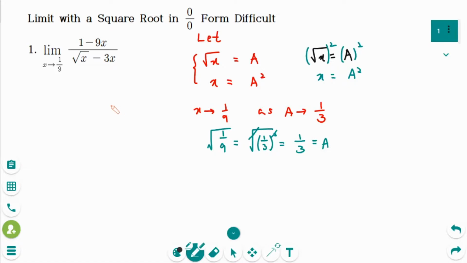Then change every x into a. So limit as a approaches 1 over 3. So 1 minus 9x is the same as 1 minus 9a squared over square root of x equals a. So a minus 3a squared.